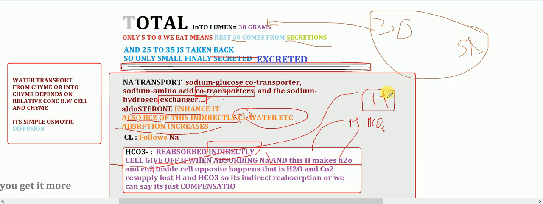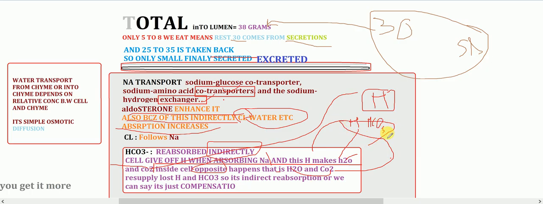Inside the cell, the opposite happens. That means that the H2O and carbon dioxide that was formed are going to be combined inside the cell, and their combination is going to form H2CO3.